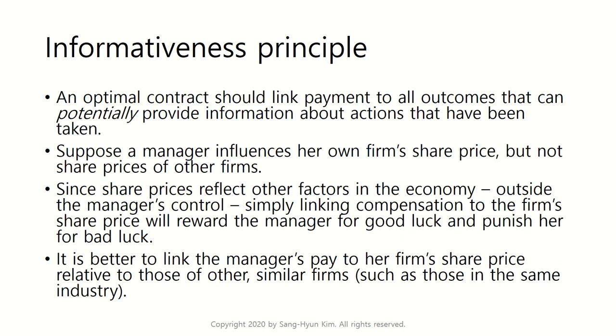So this is the idea of relative performance evaluation, and it's basically saying that when you write down a contract, if you want to write down an optimal contract, then you have to use something similar to relative performance evaluation, because others' performance, like the other firms' share prices, have some information about the economy itself, which is like good luck or bad luck.